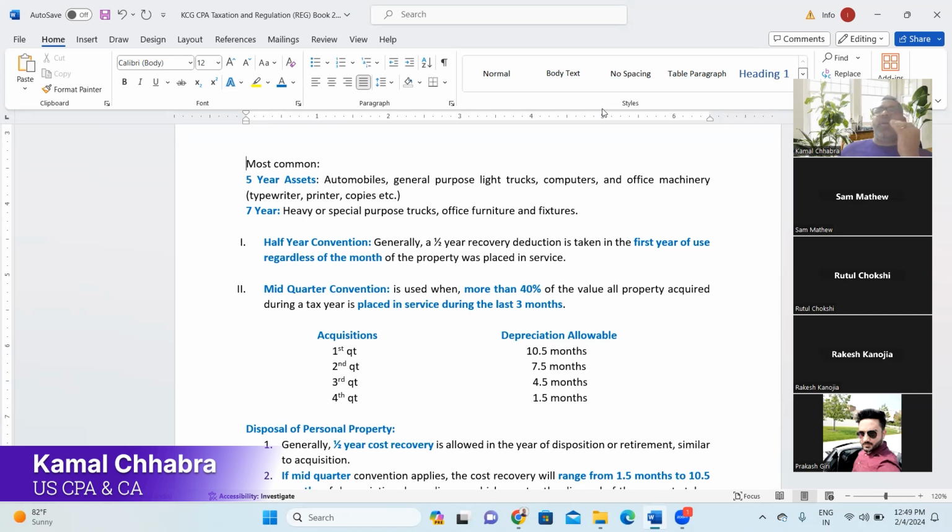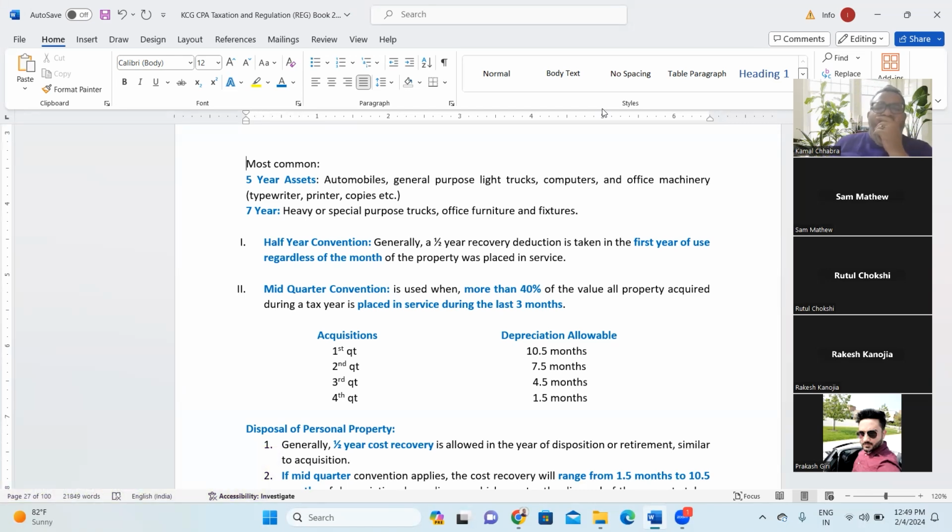That means if you have chosen the half-year convention method, and the election of depreciation policy is in the hands of management, then during the year, whether on 1st January or 31st December, whatever number of assets the company has purchased, a total of half-year depreciation is allowed, right?